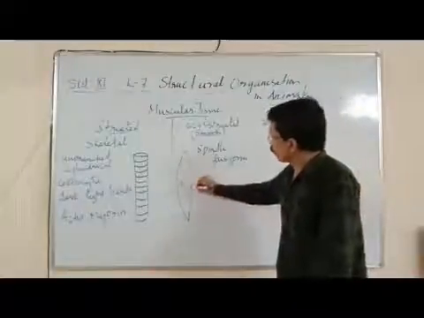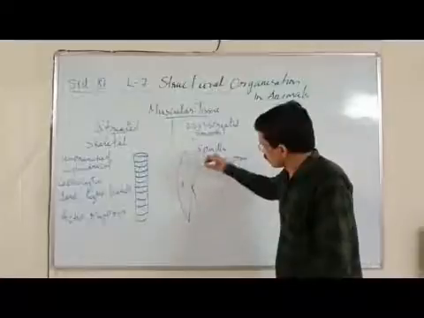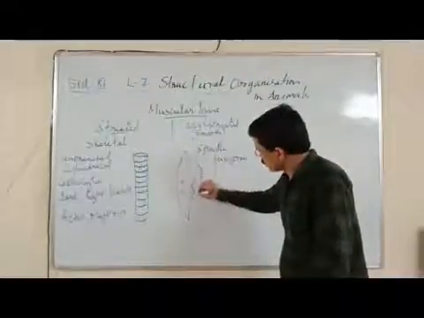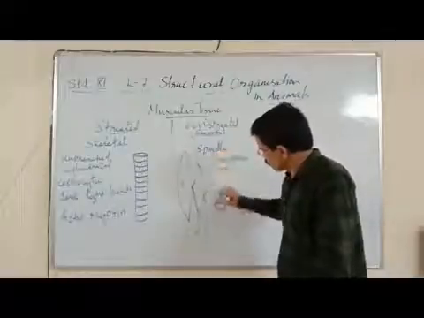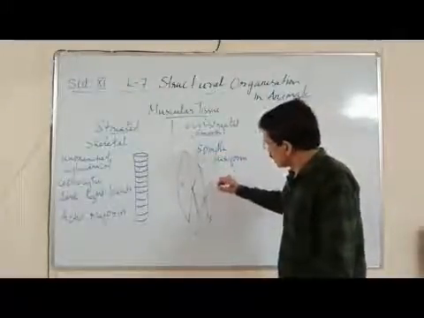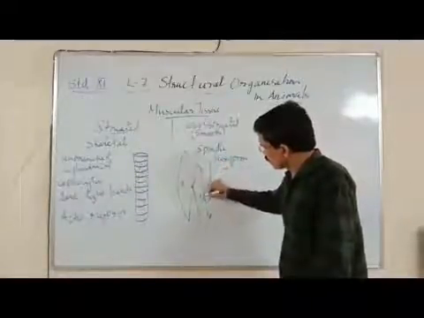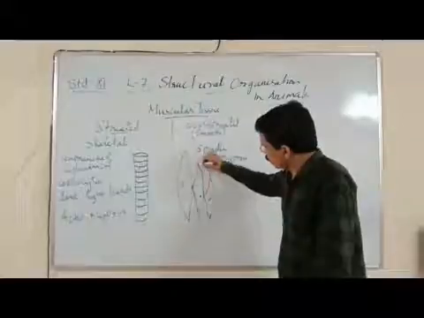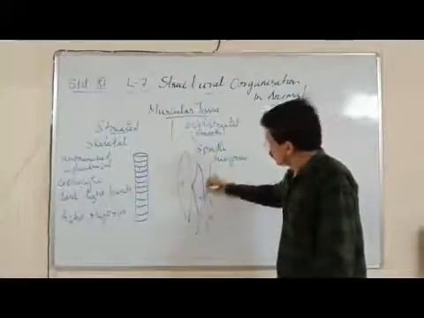A large number of smooth muscles are connected to each other through cell junctions. These are the cell junctions, the meeting point or joining point of the smooth muscle cells.